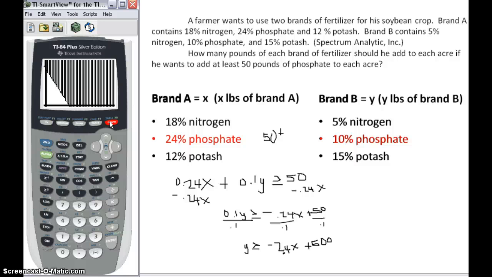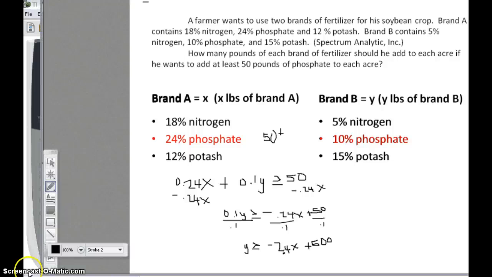So I want to take time to go to my paper and actually draw a sketch of this. The sketch will be slightly different than what you see on the calculator, but very, very close. I'm not able to keep my calculator on my window while I'm drawing, so we have that image in our mind. So we have the y-axis and we have the x-axis, and we really are in the first quadrant, so I'm not drawing all of my quadrants equal.